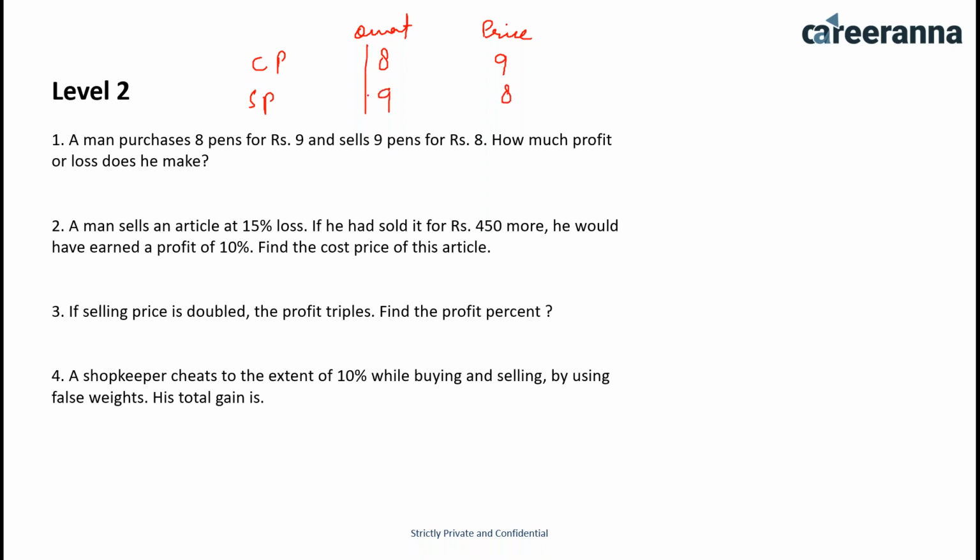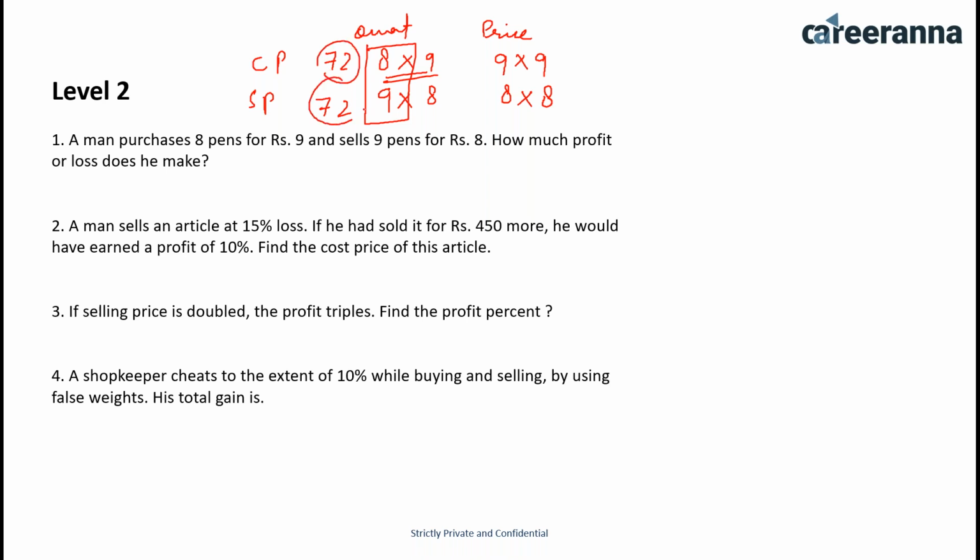So now, see, quantity is different. Can I make it equal? If I multiply here 9 and 8 here, so I have to multiply 9 here and 8 here. Can I do this? Yes. So it will be 72.